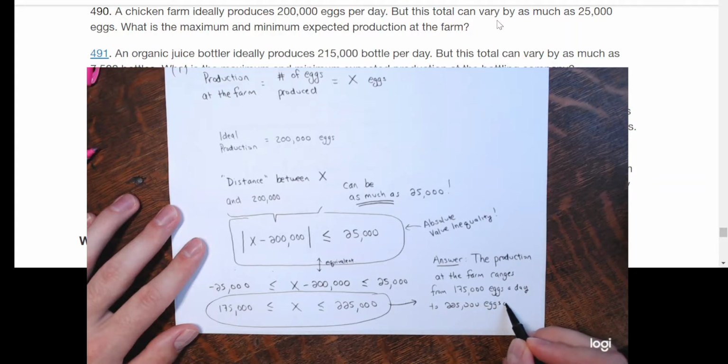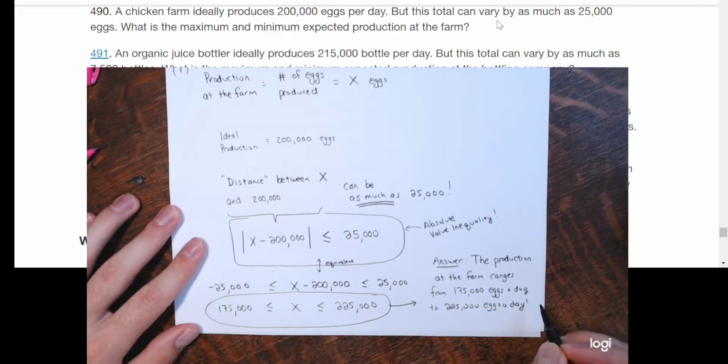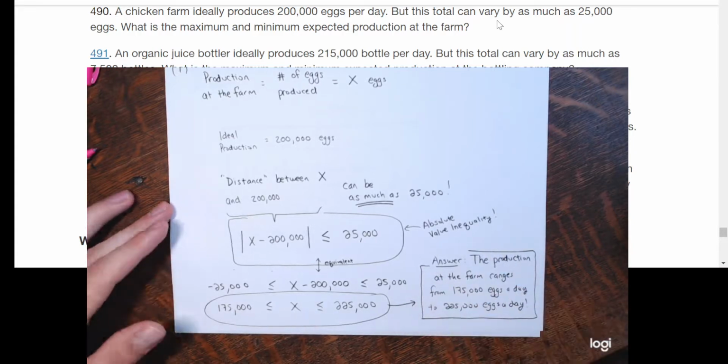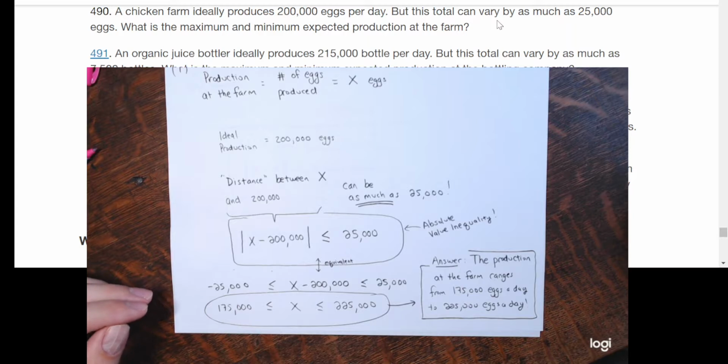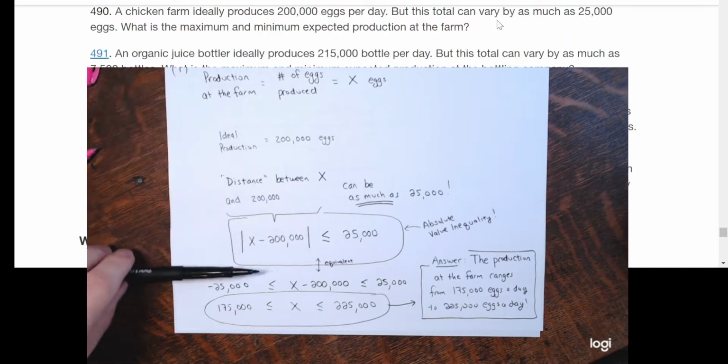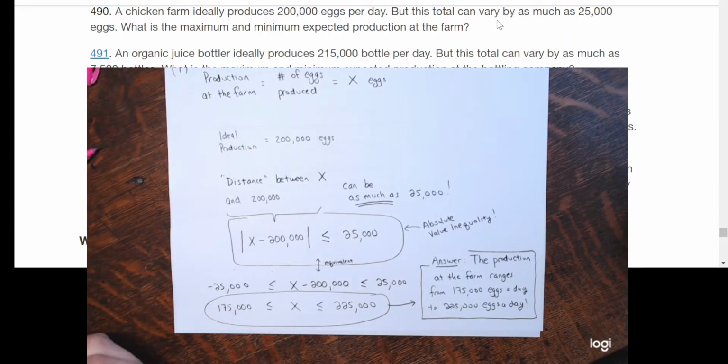I know I said this out loud at the beginning without actually writing out any math. I took 200,000 and just added 25,000, subtracted 25,000. That's really all you need to do here. But I just wanted to show you how you would interpret this mathematically, translating it into some sort of inequality involving variables and mathematical statements.